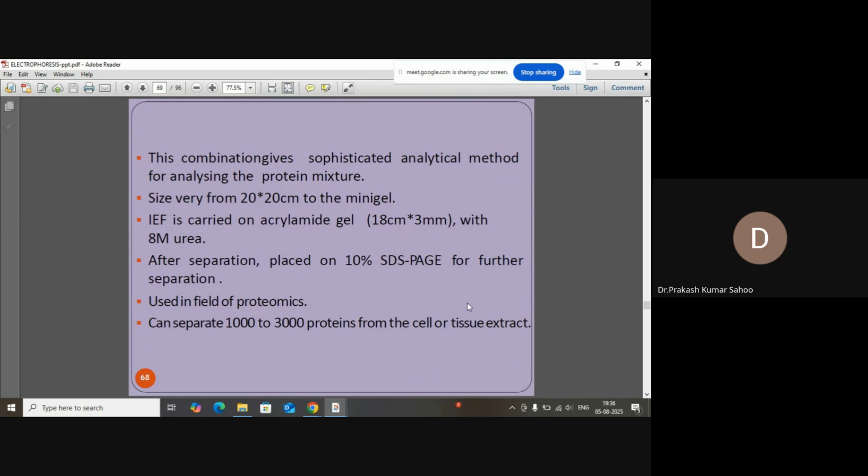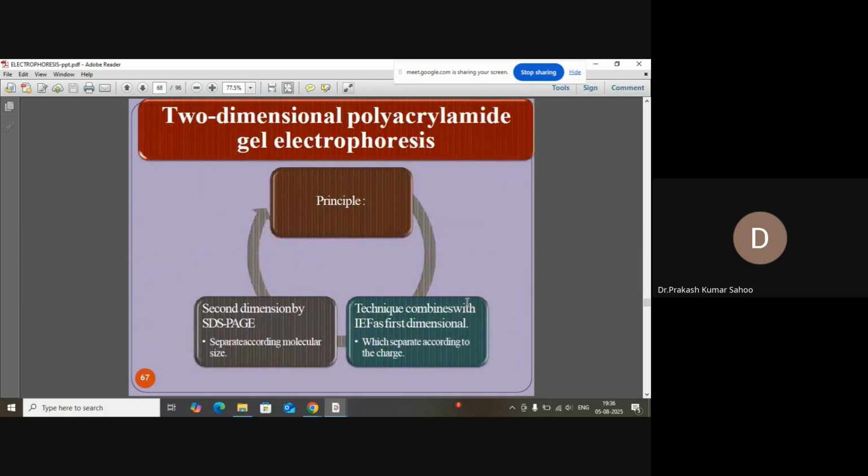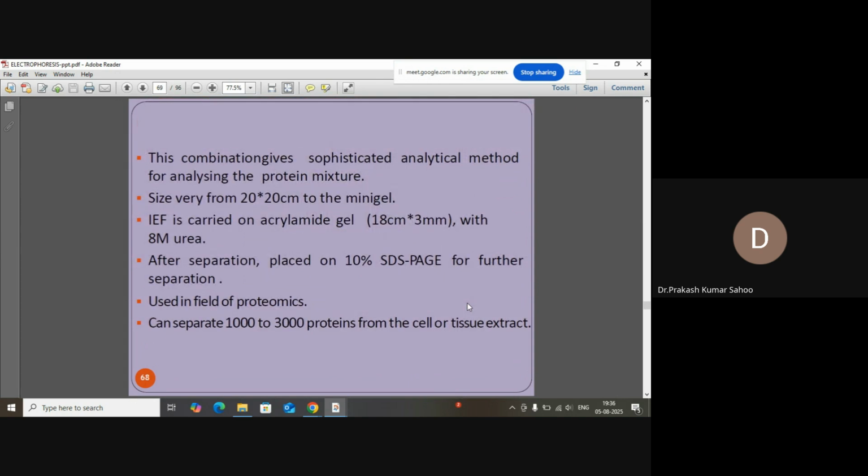And these are some points of two-dimensional polyacrylamide gel electrophoresis: the combination gives a sophisticated analytical method for analyzing the protein mixture. Its size varies from 20 by 20 centimeter to the mini size. IEF is carried out on acrylamide gel of 18 by 3 centimeter.